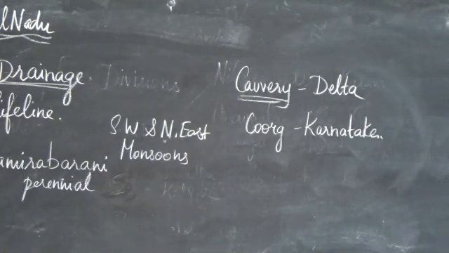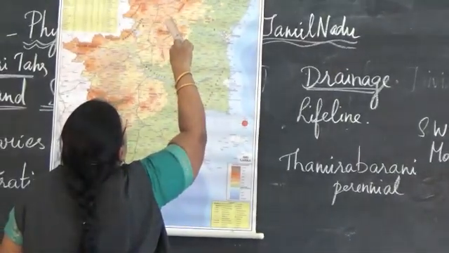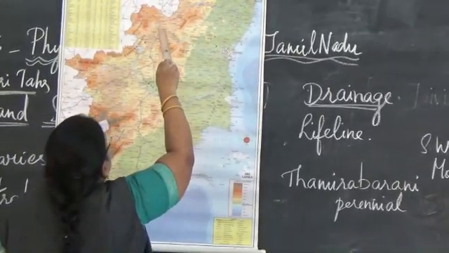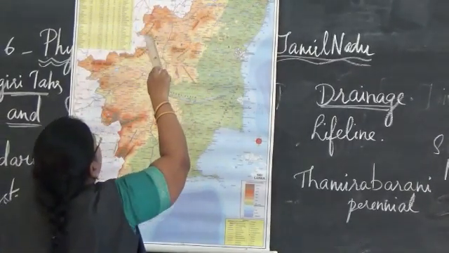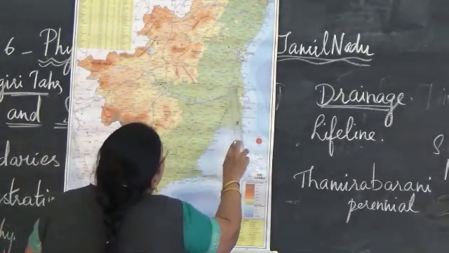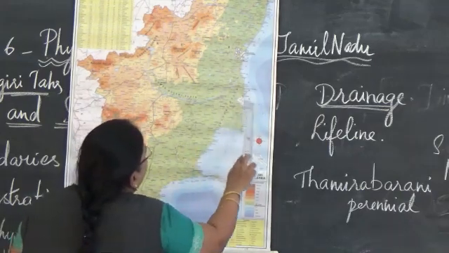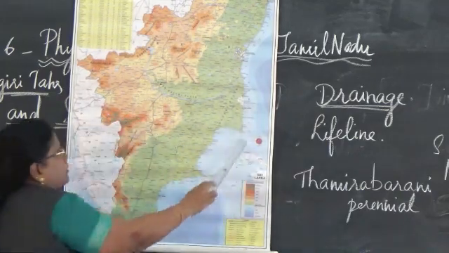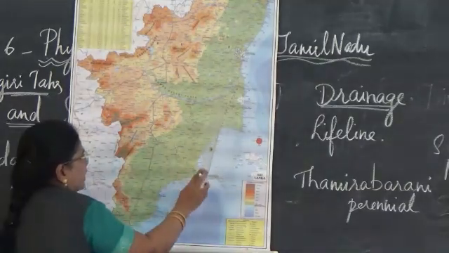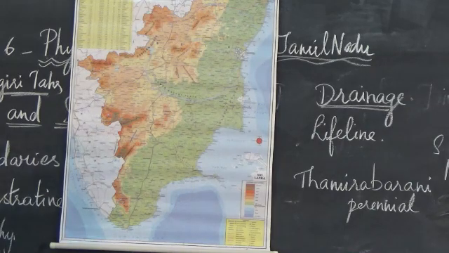We can see the flow of the river Kaveri, how it originates, how it flows. It flows throughout Tamil Nadu and drains into the Bay of Bengal with the various branches here, and it forms a delta here, and this place is very fertile because of all the deposits found there.